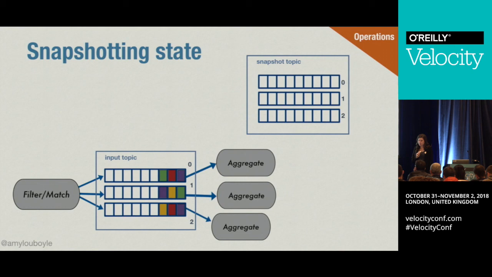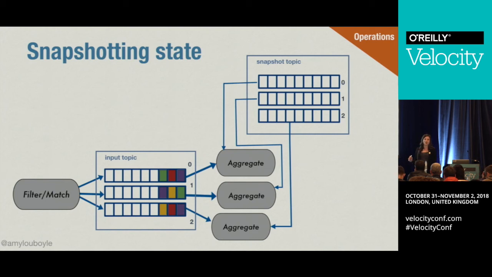So when we start up, we're going to get our assignment for our input topic. And then we're going to grab the same partition from the snapshot topic. We're going to read in that entire partition, deduplicating based on the keys, so we end up with our deduplicated set of snapshots. And we're dropping those snapshots for which we encounter a tombstone. Also saved with the snapshot is the starting point on the input topic.